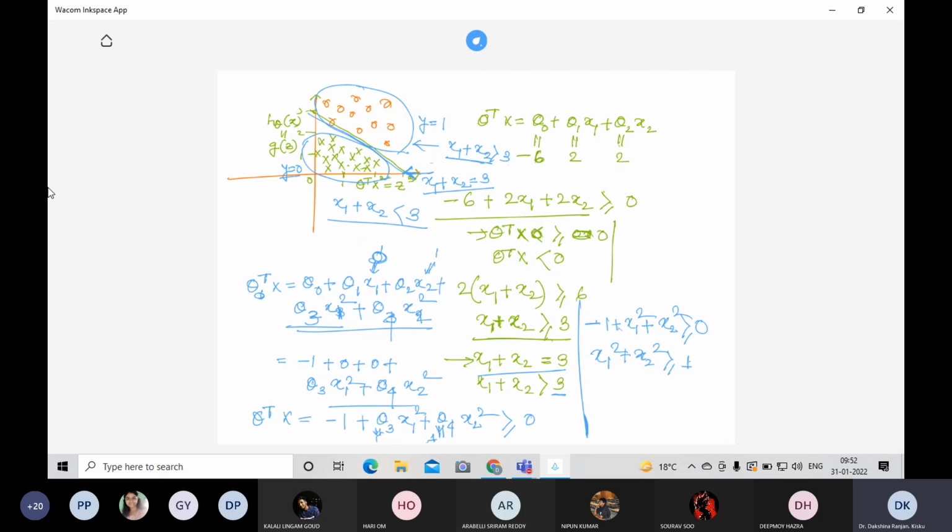Previously we saw that if we manually decide the model parameter values and fit them in the hypothesis representation, then we can have a decision boundary like this. This decision boundary is used to separate one set of data points from another set of data points, or for a single data point we can also predict the class level.